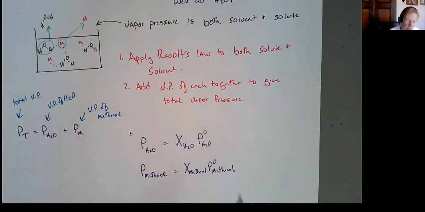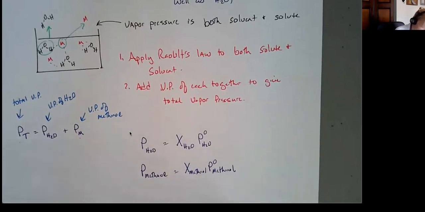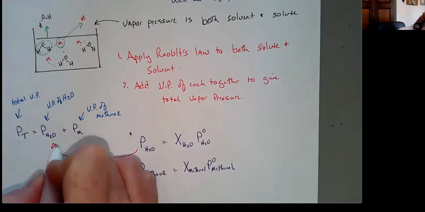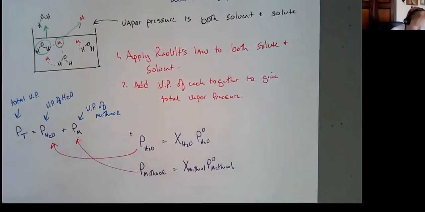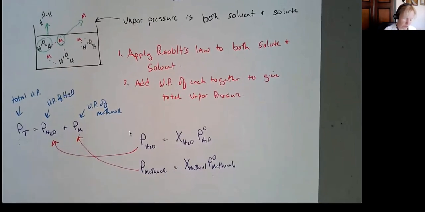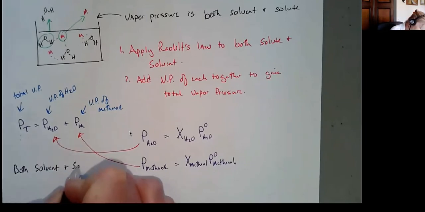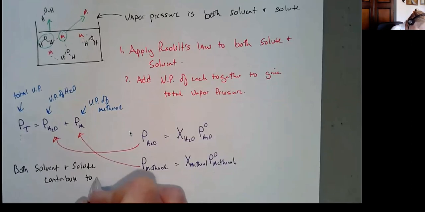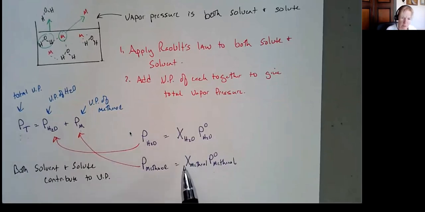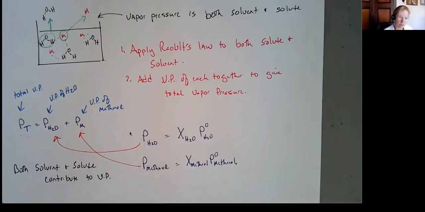Any volatile liquid is going to have a vapor pressure value. So I'm going to calculate both of these independently, then put them into this equation and get my overall vapor pressure. In this case, both solvent and solute contribute to the vapor pressure. They may not contribute equally, it depends on how much of them are there, but they are both going to contribute to the vapor pressure of that solution.